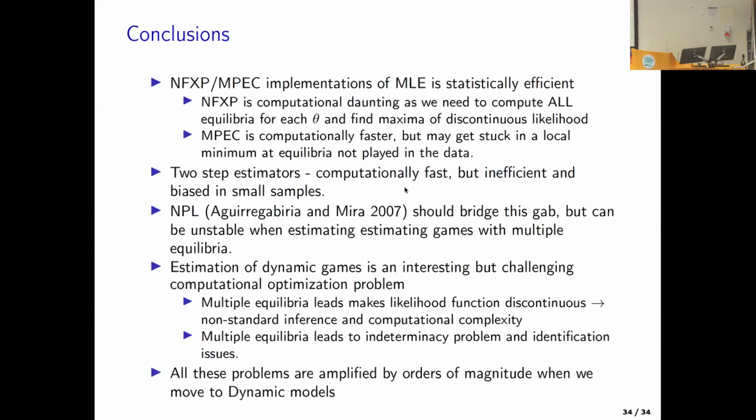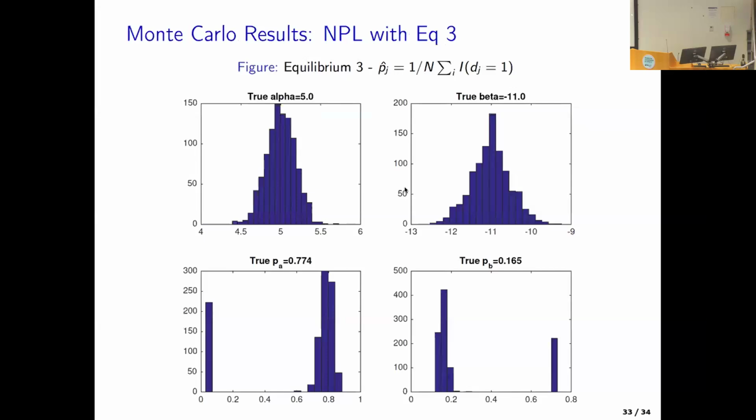Okay, so I think I'm going to end with this. Just bear in mind, this example here was also constructed to make NPL fail. I'm trying to illustrate what can go wrong. It's not like I'm saying, don't use NPL. I'm just saying that it can be unstable. The same thing goes with MPEC, right? We are trying to push the limits of these methods to see where they are fragile.